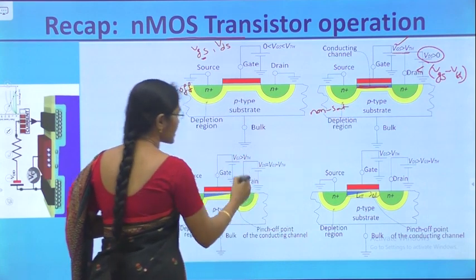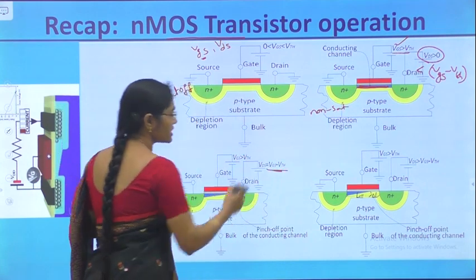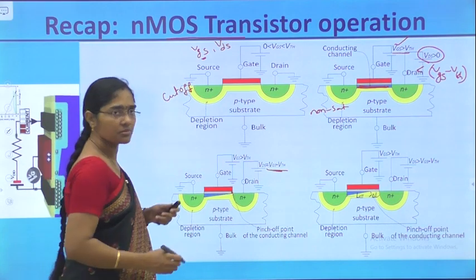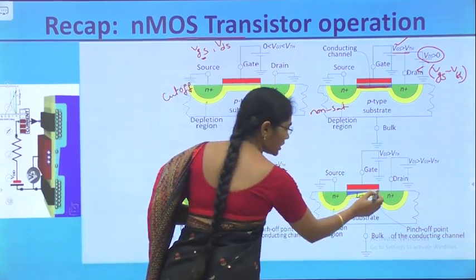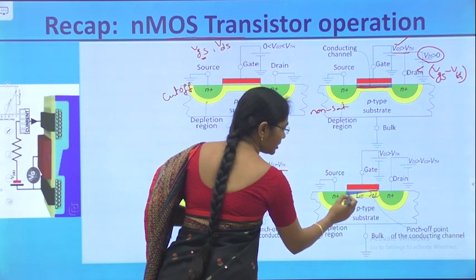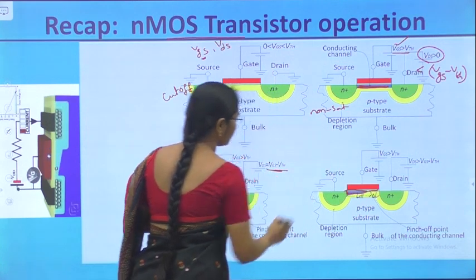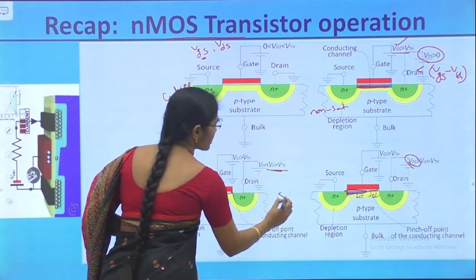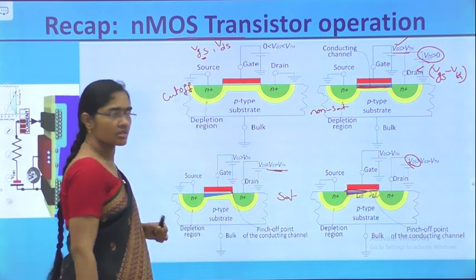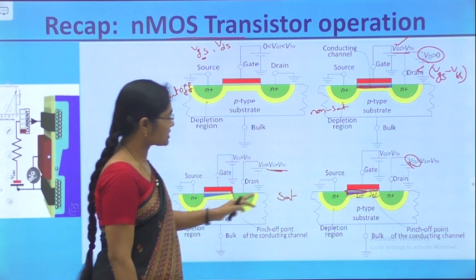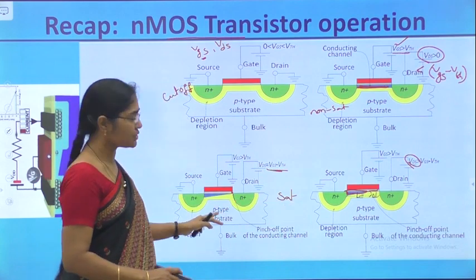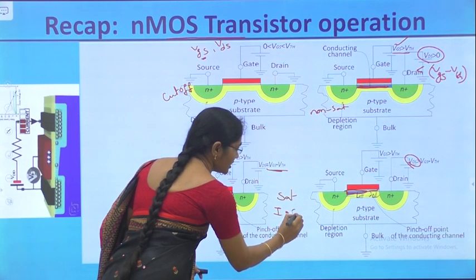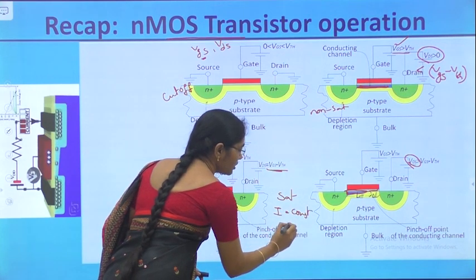And saturation starts at VDS is equal to VGS minus VT. Then similarly pinch off also starts and that pinch off existing, still it is continuing, and this is nothing but for the larger values of VDS. So these two are representing saturation regions. Still in the saturation regions, even though the channel is pinched off, current is flowing, that current is constant and this is equal to maximum.